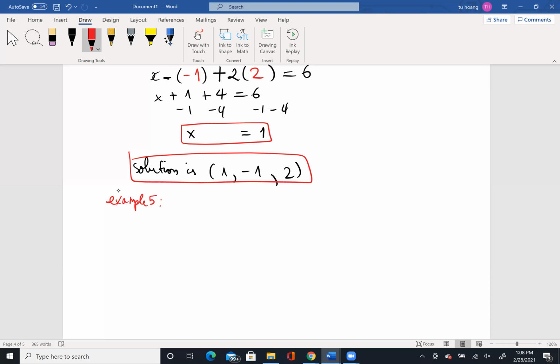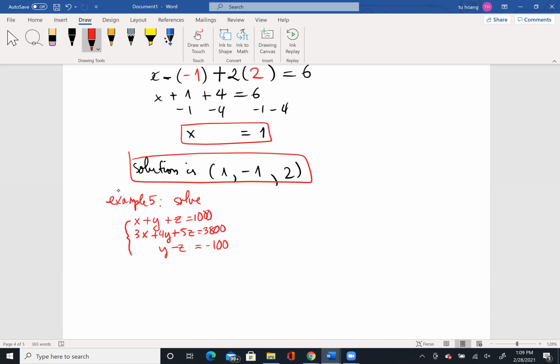We want to solve x plus y plus z equal to 1000 and 3x plus 4y plus 5z equal to 3800. And the last one is y minus z equal to -100.